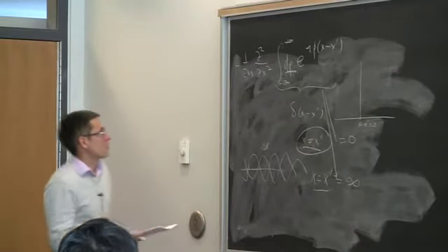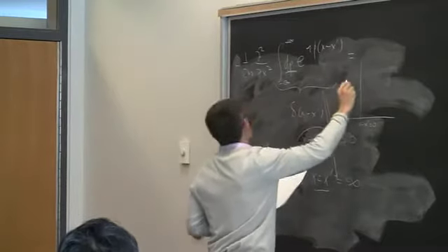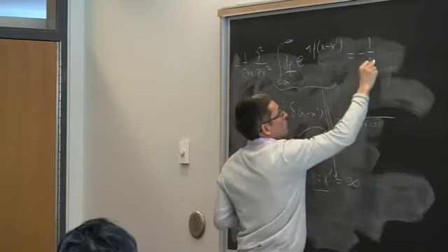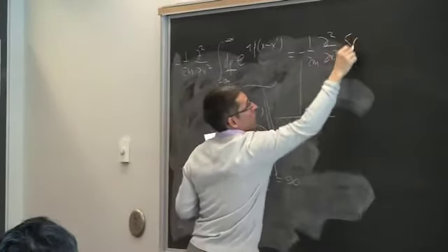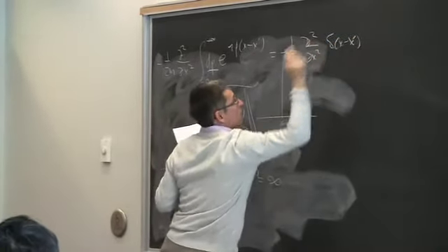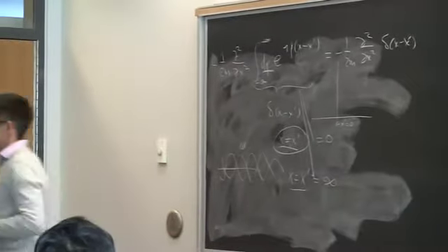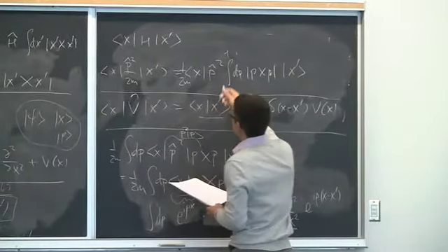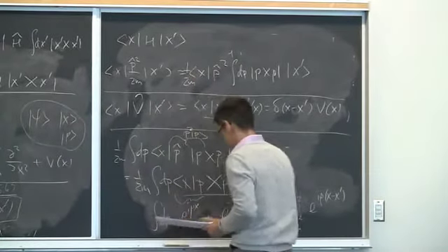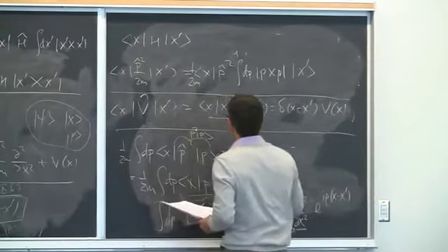So you have a delta function as a result, right? And what we have is 1 over 2m dx squared delta function of x minus x prime, right? And then we are ready to go back and represent this element, because we have both terms.